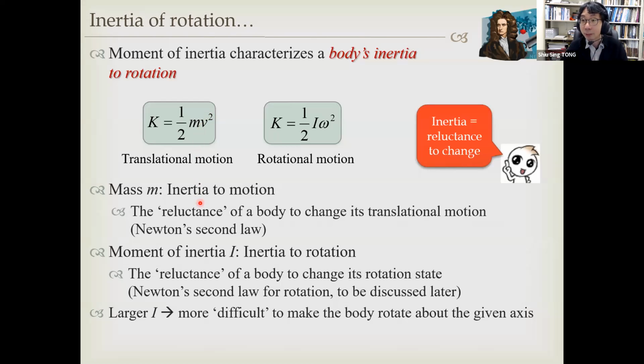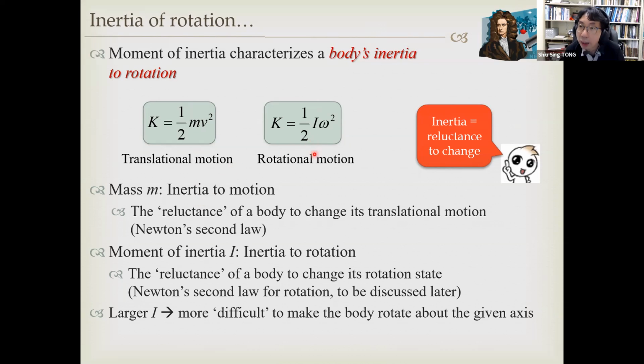For linear motion, the mass is a reluctance of the body to change its state of translational motion, right? If you accelerate the body, and the body has a larger mass, that means you have to use a larger force to produce the same acceleration. So that is the inertia.